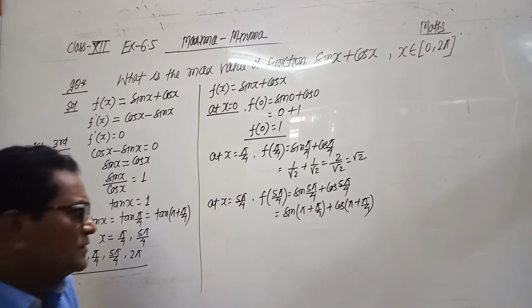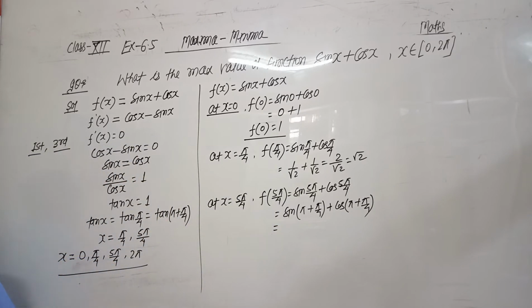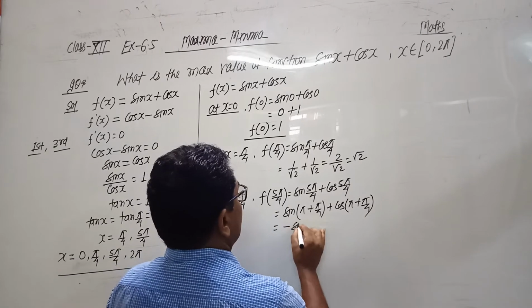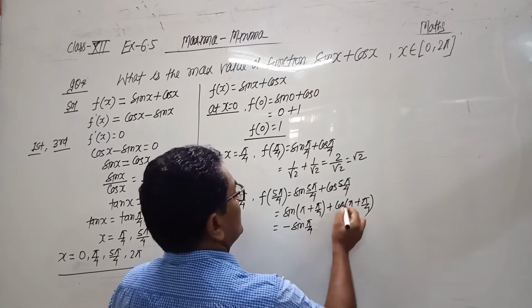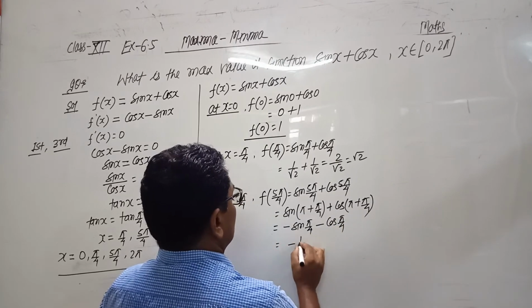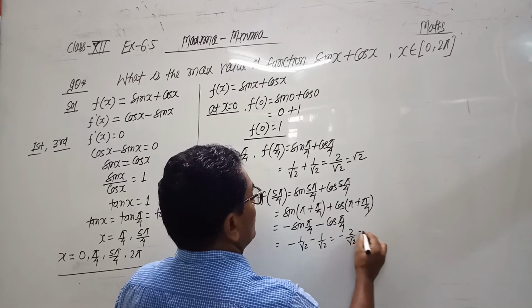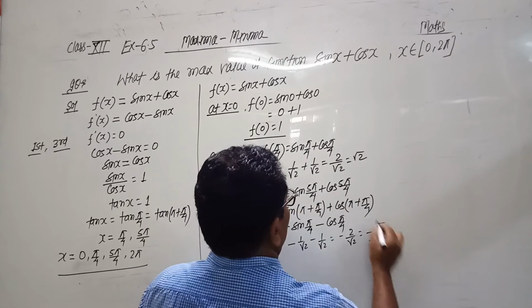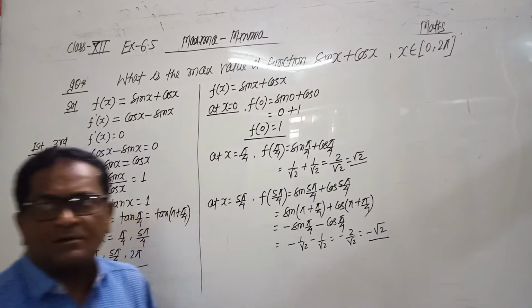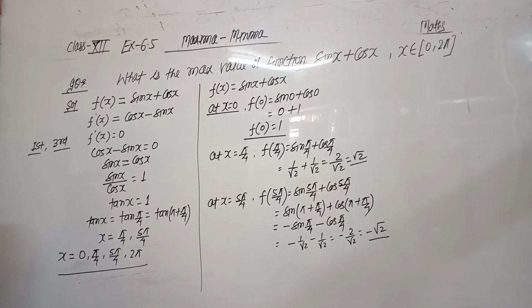The value of sin of pi plus pi by 4, sin of 180 plus theta: in the third quadrant, the value of sin is negative, so we get minus sin pi by 4, and cos is also negative in the third quadrant, minus cos pi by 4, so minus 1 by root 2, minus 1 by root 2, this is minus 2 by root 2, which is minus root 2. So at x equals 5 pi by 4, the value obtained is minus root 2.